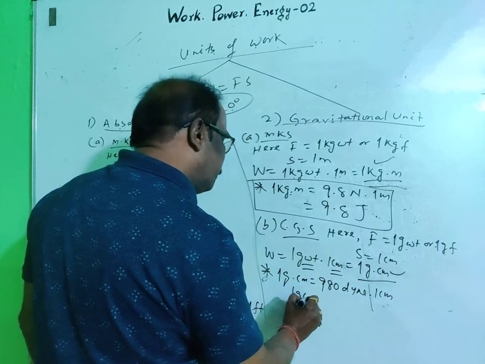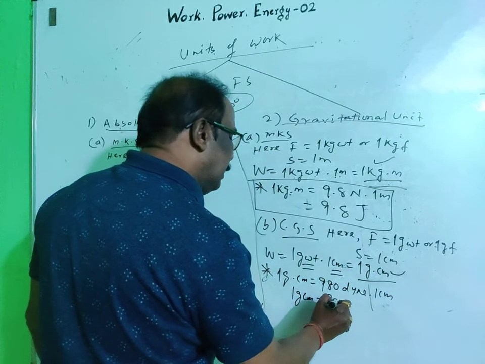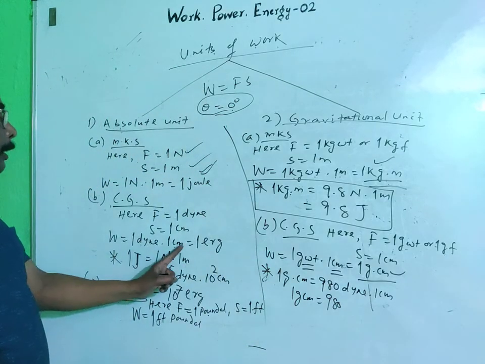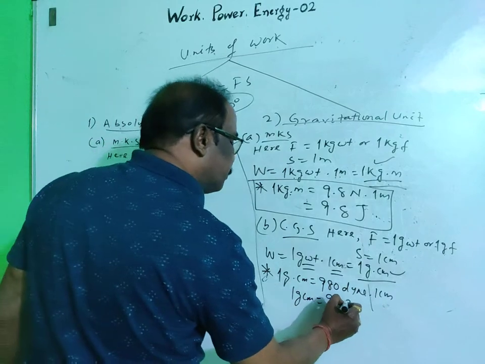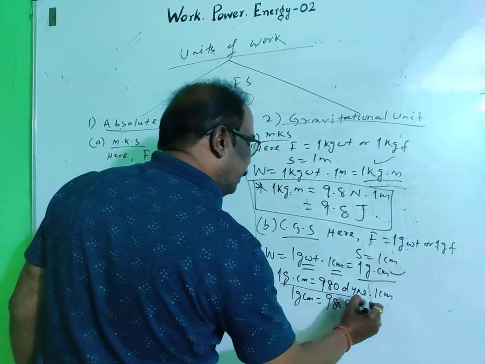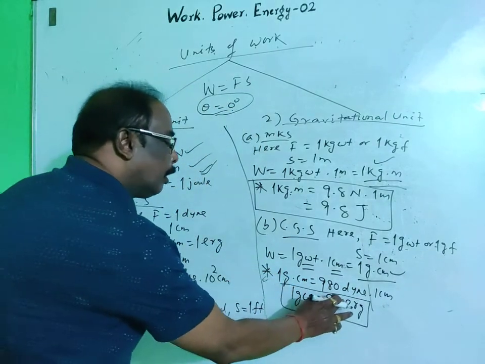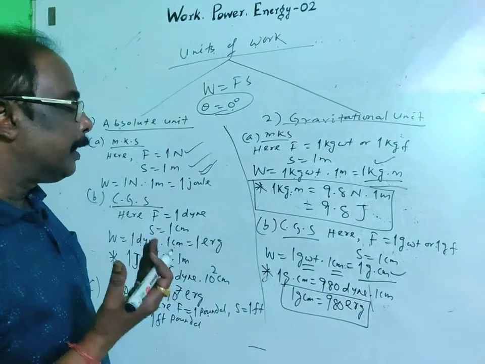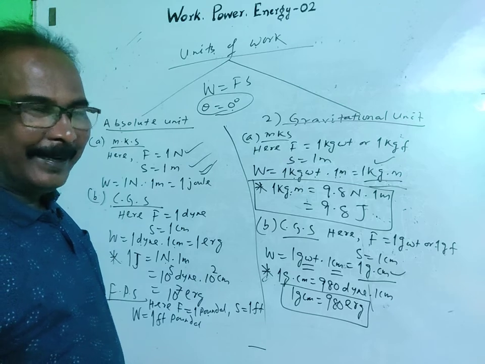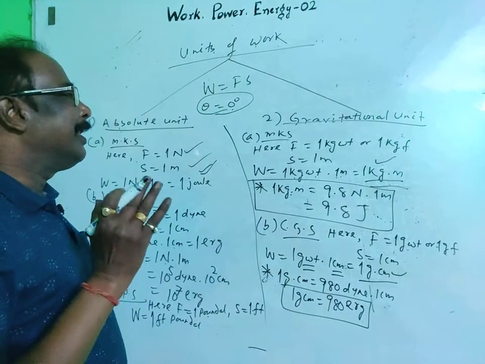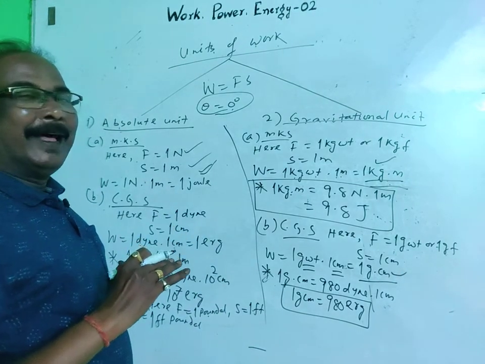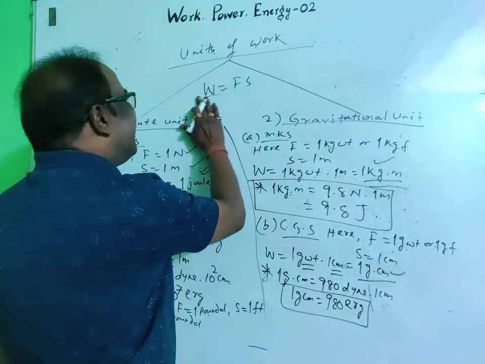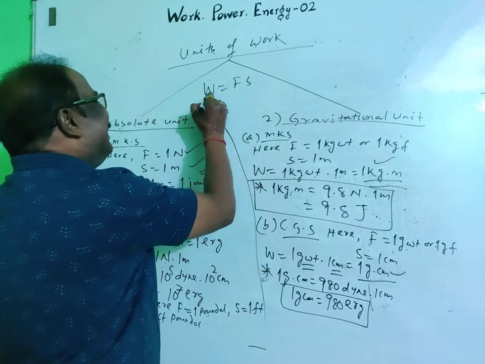Then 1 gram centimeter is 980 dyne centimeter, which is erg, so 1 gram centimeter is 980 erg, means value of acceleration due to gravity 980 is multiplied. Okay, just convert gravitational unit to absolute unit. Just multiply value of acceleration due to gravity.